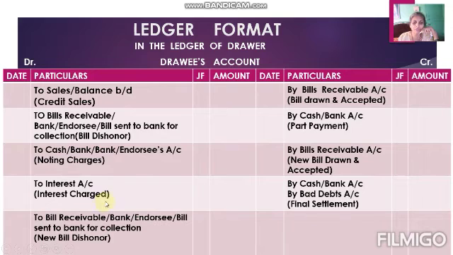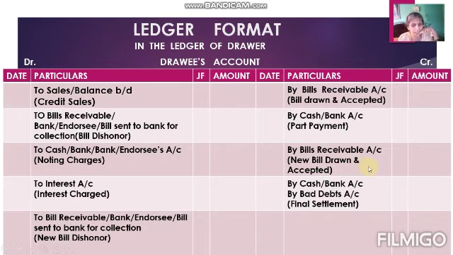The next entry is for part payment received. The entry in the books of drawer is cash or bank account debit to drawee's account for part payment, and the new bill drawn and accepted, bills receivable account debit to drawee's account. Both are postings on the credit side of drawee's account.